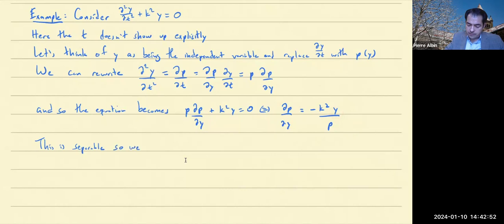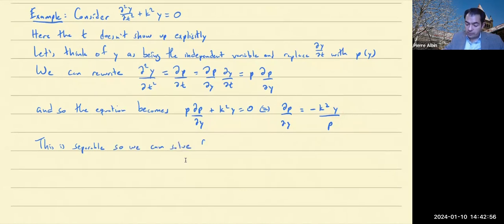For this particular equation, we ended up with something separable. So then we can solve for p, and then use that p is equal to dy dt to solve for y. Again, that's just for this particular equation. There's no guarantee that will happen for a general second order equation.